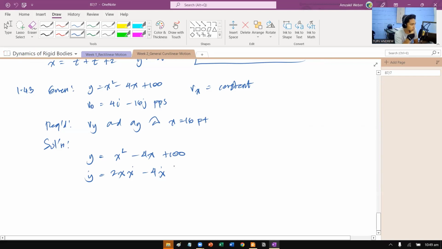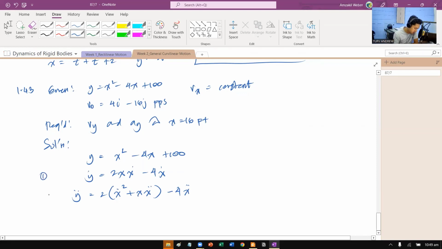So we now have velocity y and velocity x. Let's differentiate again. So this would be y double dot equals 2 times the derivative of the first times the second, x dot squared, plus the derivative of the second times the first, x double dot, minus 4x double dot.